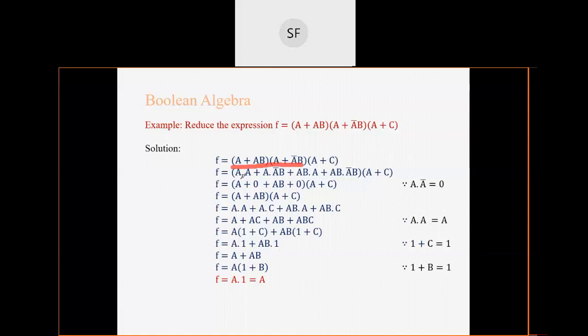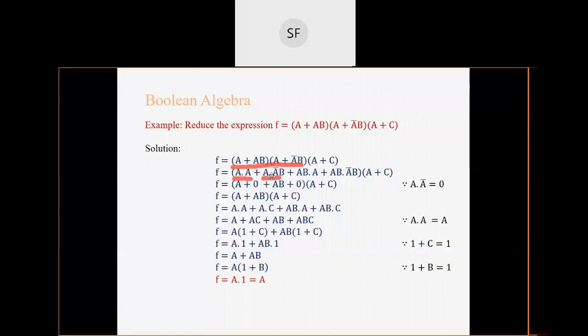Then we applied our knowledge of Boolean algebra. We know that a dot a is nothing but a. Now here you can observe that a dot a bar is there. This is the AND operation between three inputs.